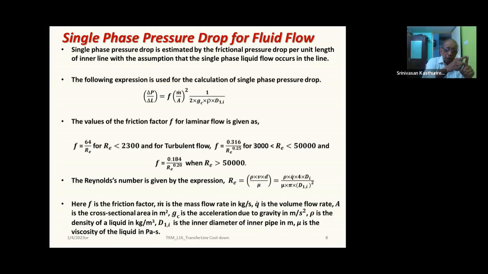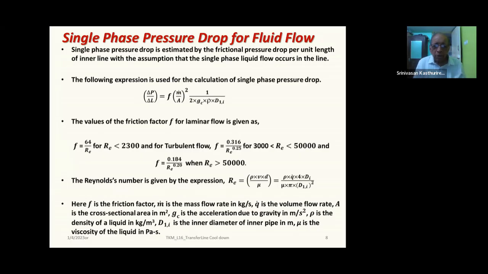That means the pressure on this side may not be exactly the same as the pressure on the other side. There is going to be a reduction in pressure, and this pressure difference is known as pressure drop. This pressure drop occurs because of the pipe friction for the fluid flow.